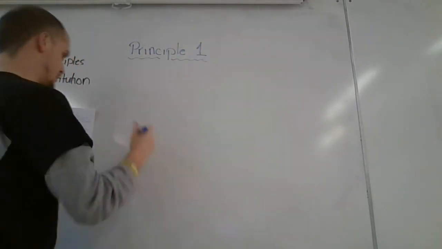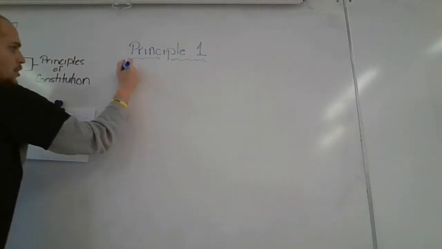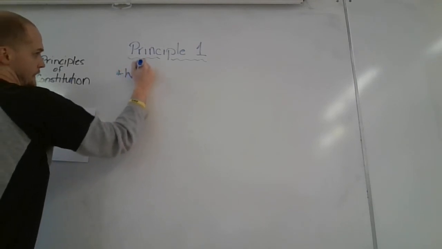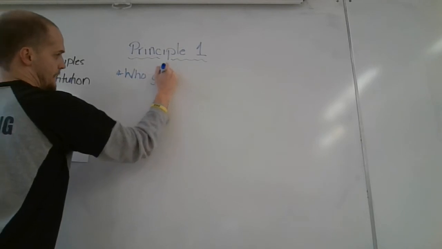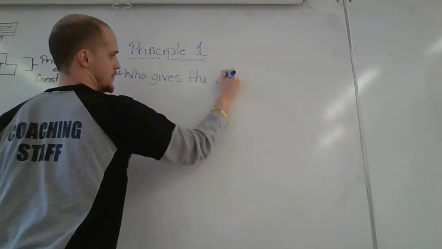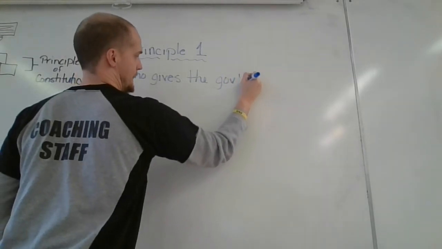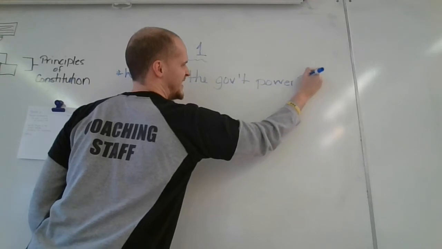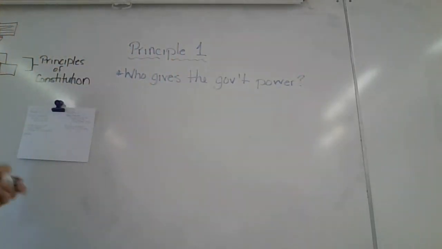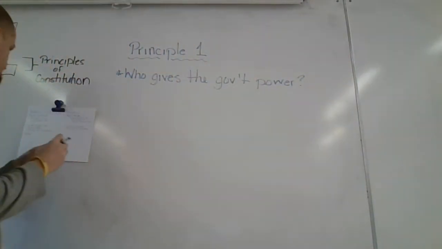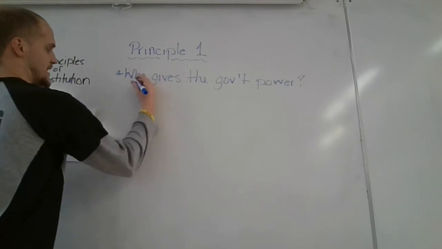Principle 1 answers the question, who gives the government power? Who gives the government power? That's the question that Principle 1 answers. And the answer comes in the form of popular sovereignty.